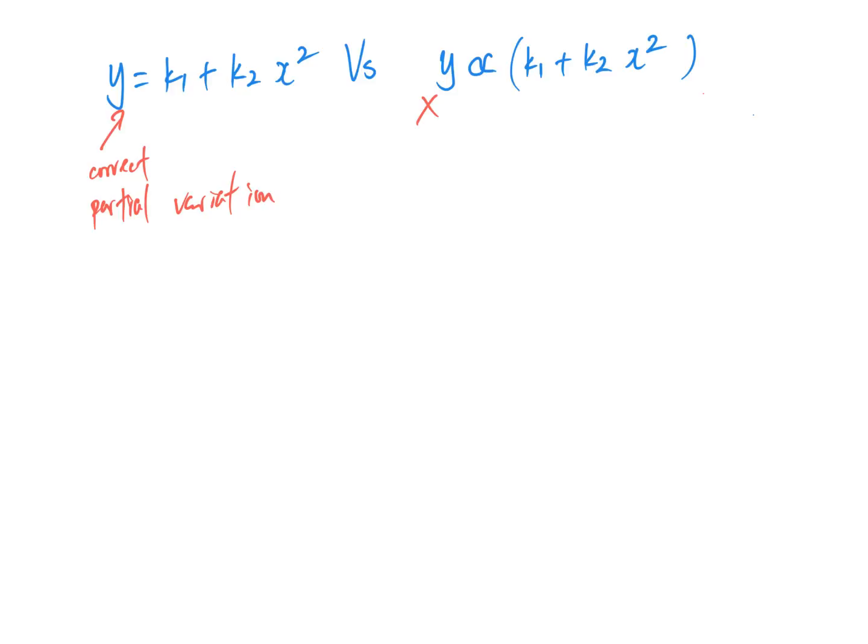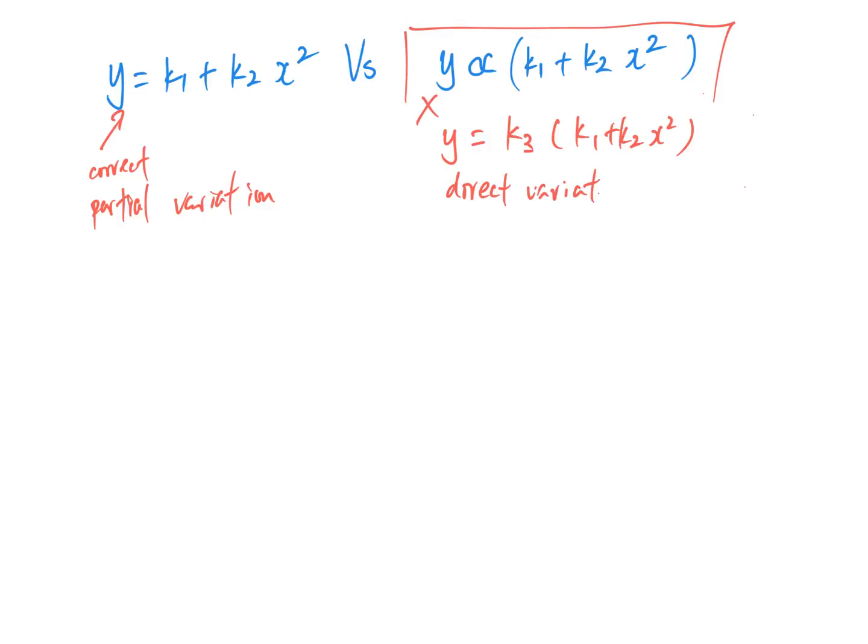Because if we try to elaborate this, then we will have y varies directly as bracket k1 plus k2 x squared, and the next step will be y equals a third k times this thing, something that we have already finished in direct variation. Then this will turn the whole thing from partial variation into direct variation. And if you write this, then it means that you mix up the two topics here.